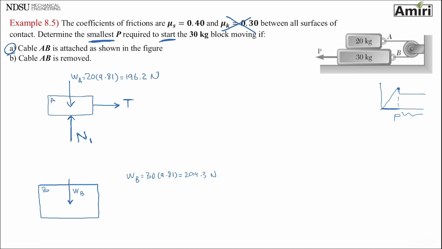It has a normal force from A and 1. Remember, these 2 points are the same, right? When I put them back together, it should cancel each other out. And it has another normal force because it's contacting below also, this way. So it has one normal N1 because it's contacting A. It has weight, and it has N2 because it's contacting the ground.